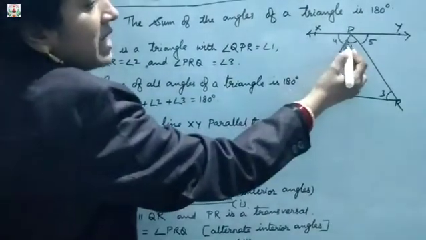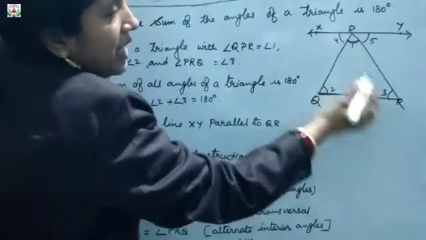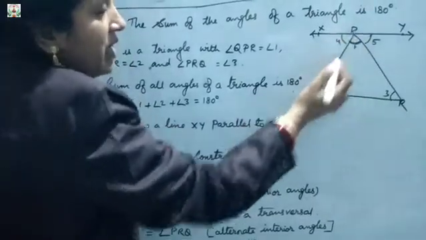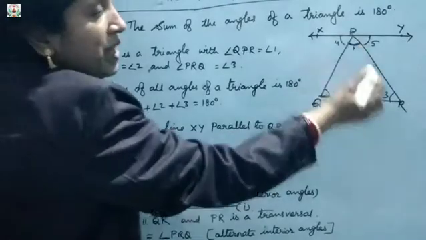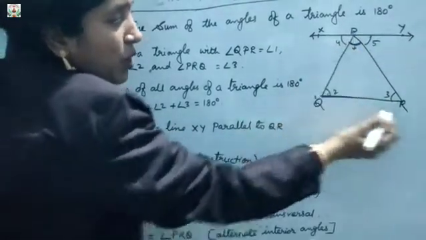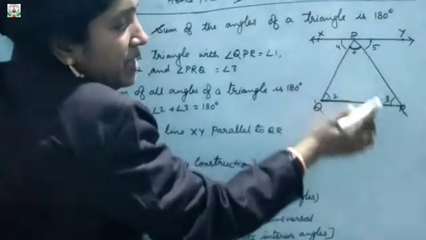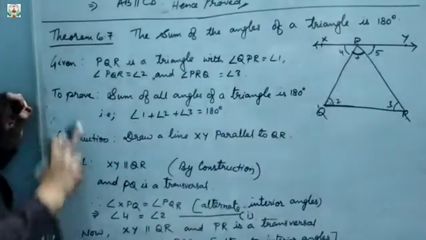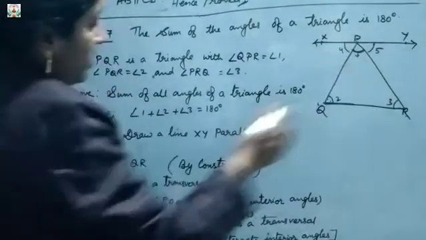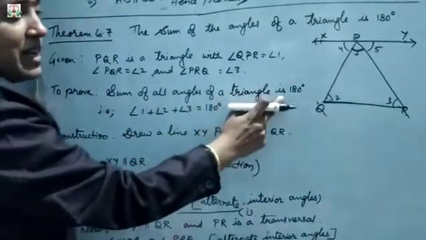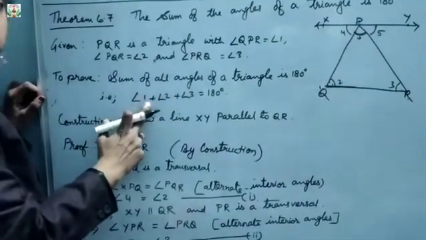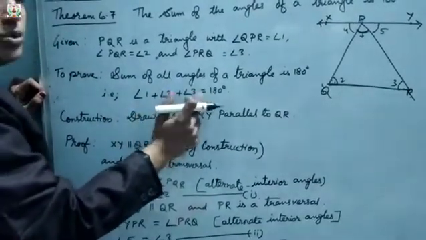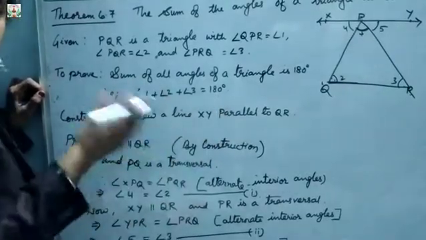Angle QPR is angle 1, PQR is angle 2, and PRQ is angle 3. Then to prove what? The sum of the angles of a triangle is 180 degrees. So here the angles are angle 1 plus angle 2 plus angle 3 equals 180. We have to prove that.